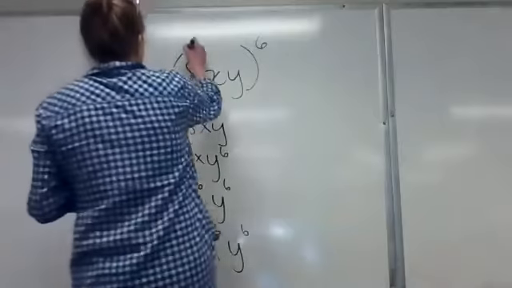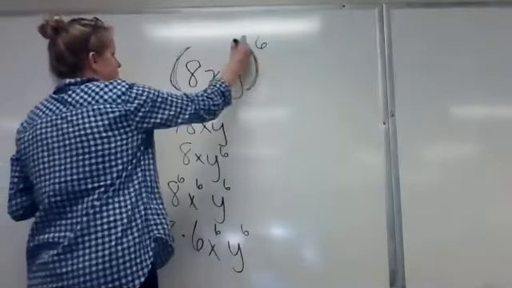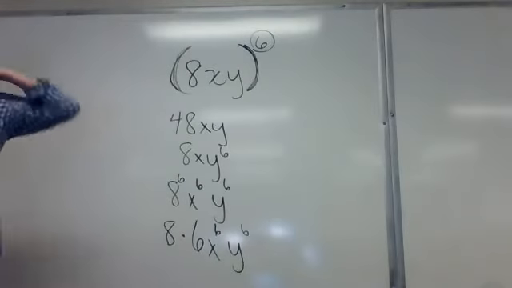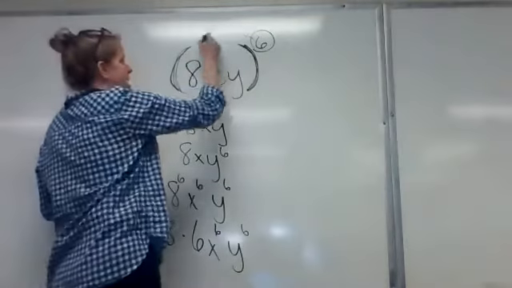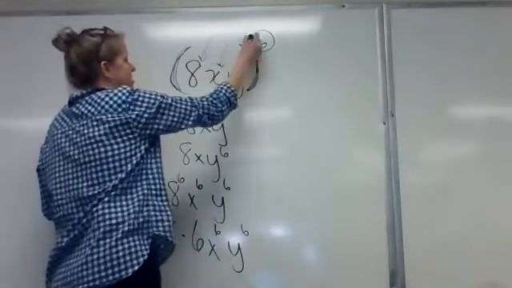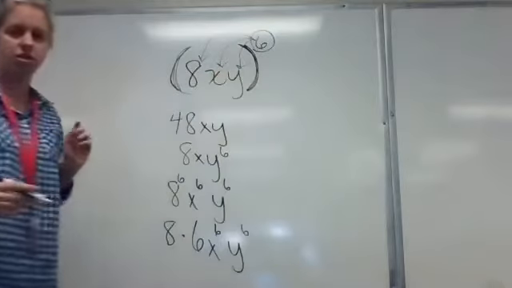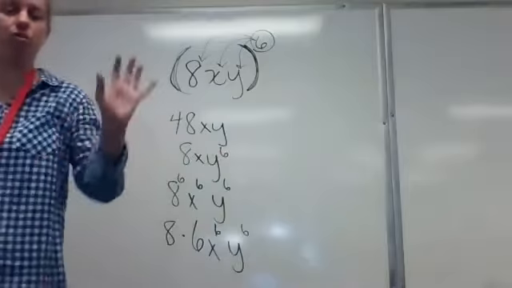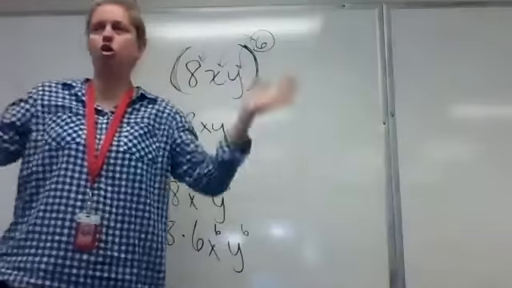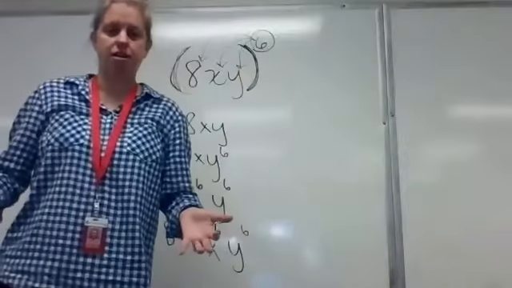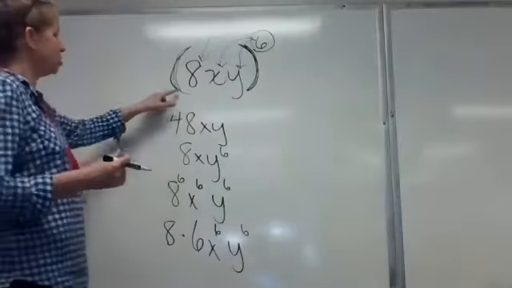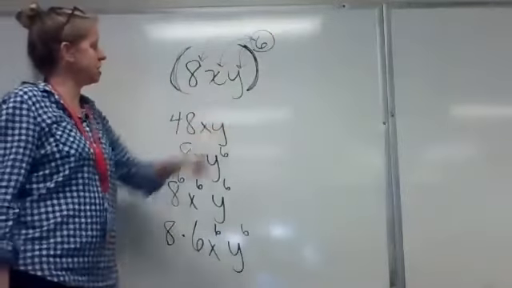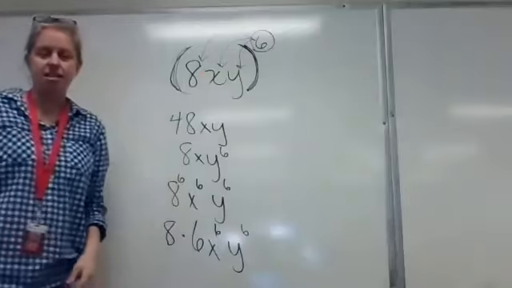So again, anytime you have a parentheses with an exponent on the outside of it, that exponent goes to every single part. Everything in there is being raised to the 6th power. That's what the parentheses say. Include all of us. We all get the 6th power, which means 8 is to the 6th, x is to the 6th, and y is to the 6th.